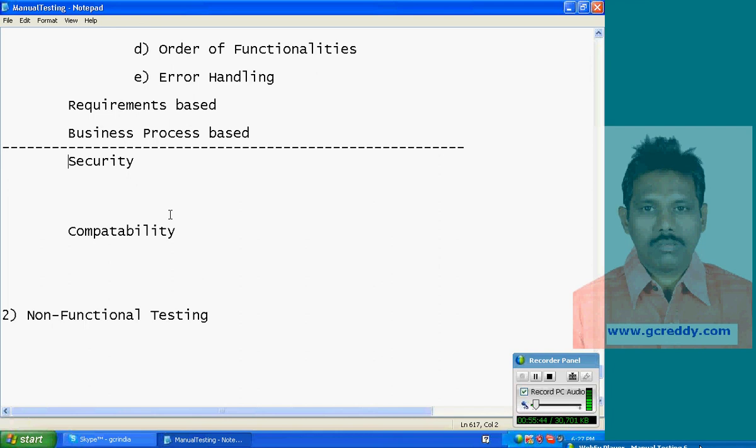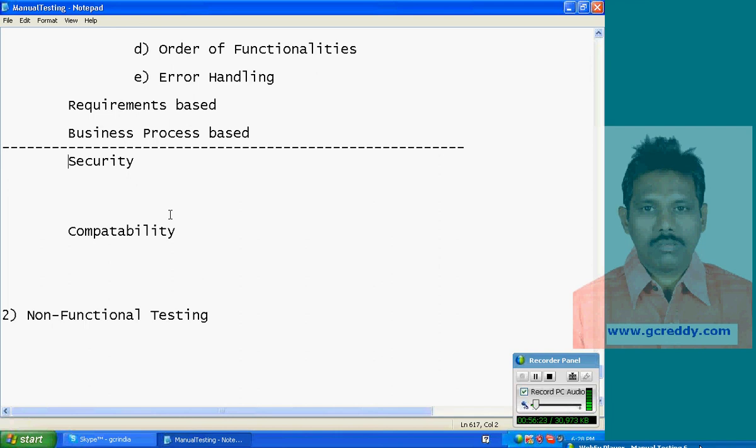Can you tell me, Rekha, what is security testing? Okay.